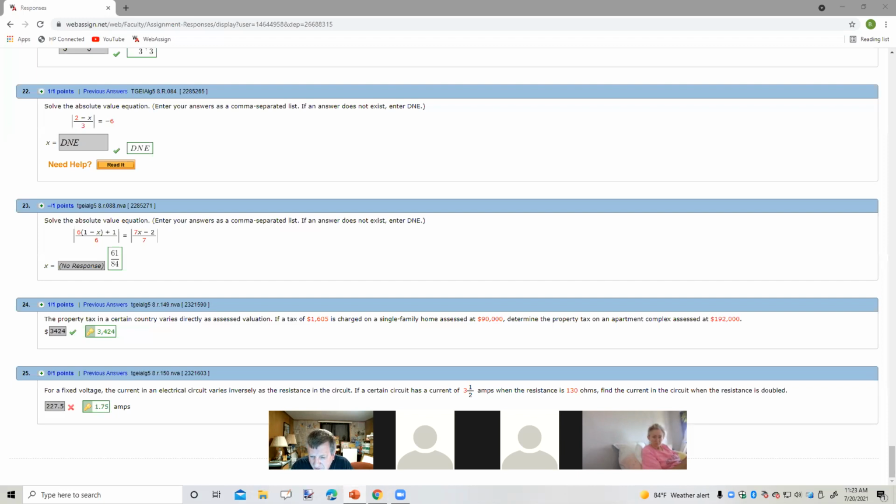Determine the property tax on an apartment complex assessed at $192,000. Okay, before we can do that last part, we have to determine K. All right, so I've got $1,605 equals K times $90,000. So we're going to come in and divide both sides of this equation by $90,000.